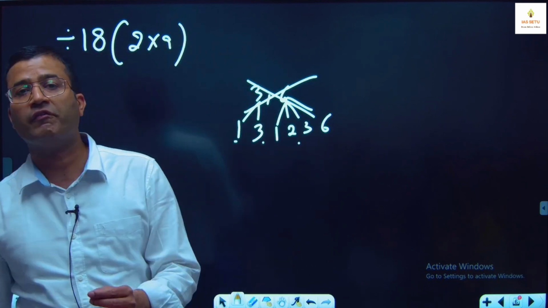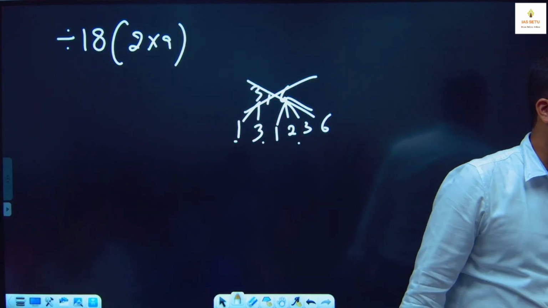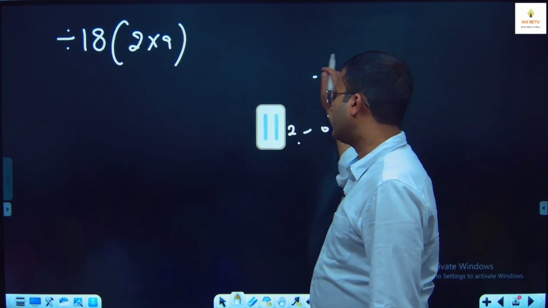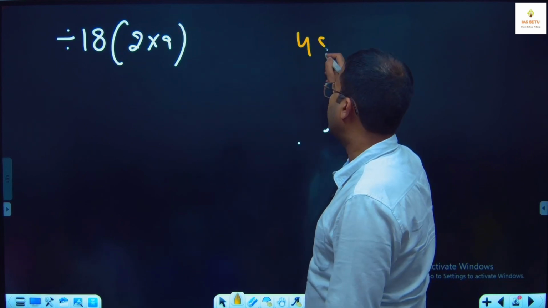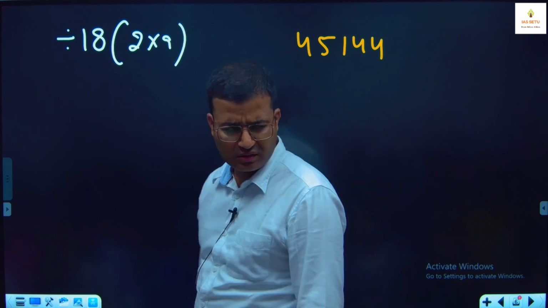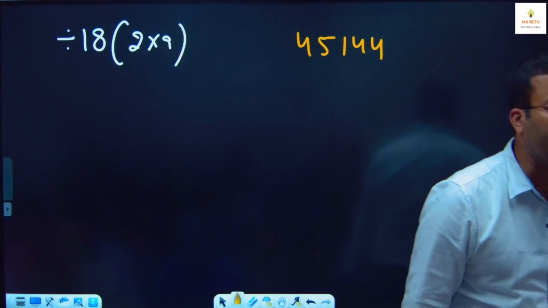It means any number which is divisible by 2 as well as 9 will be divisible by 18. Like here, I take one example: 45,144. We have to check divisibility of 18.